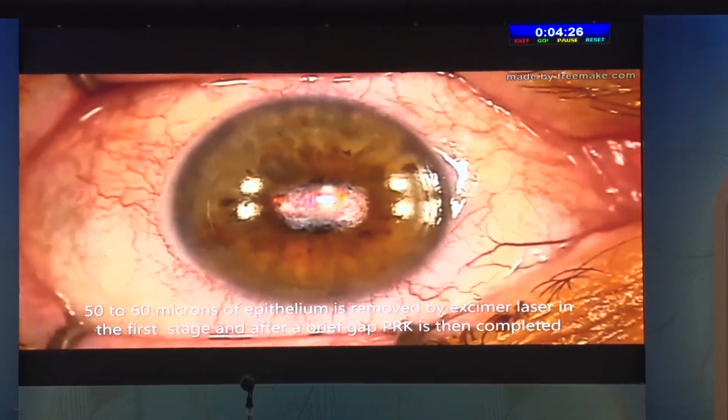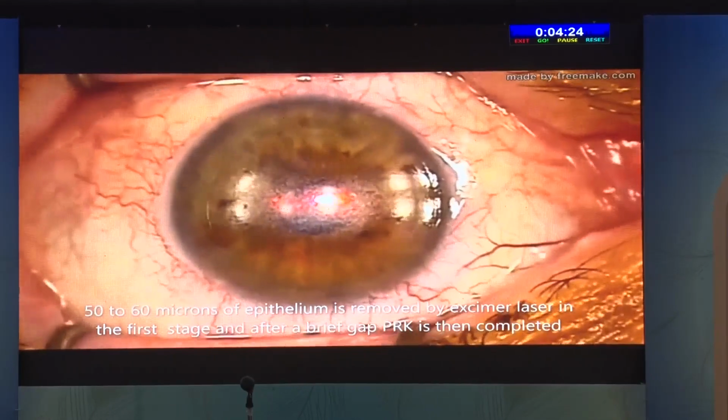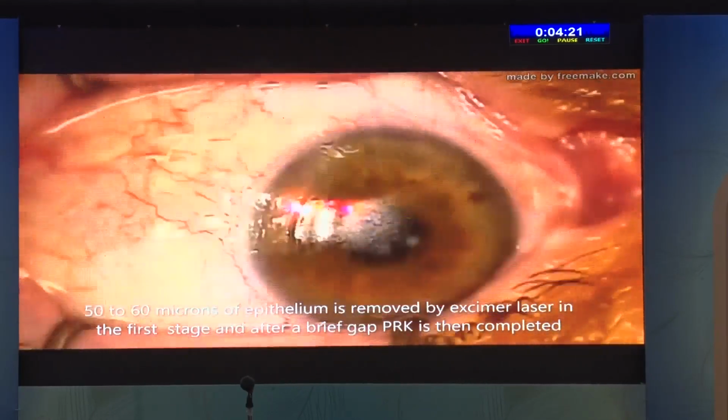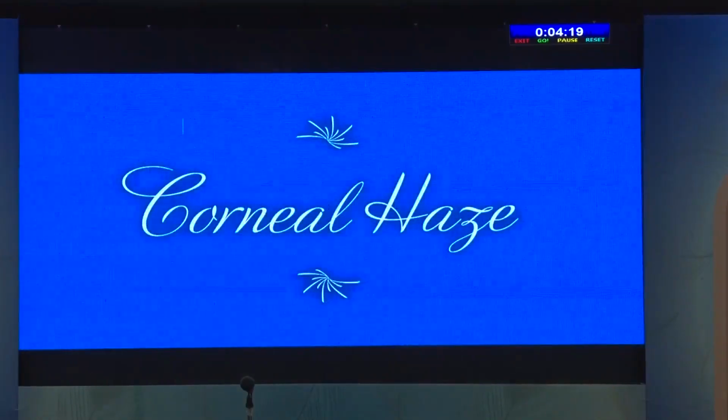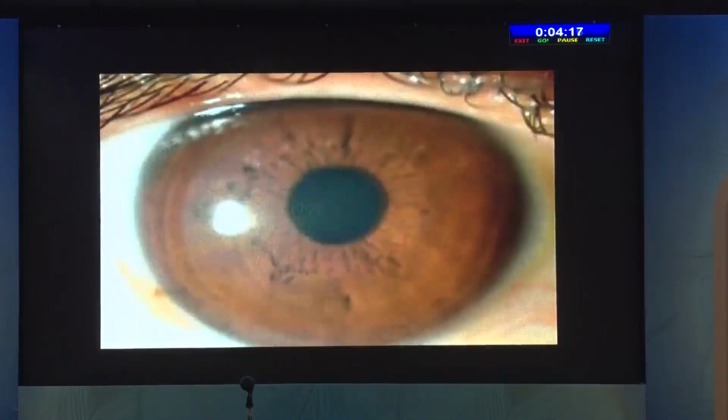In Streamlight, after the epithelium is removed, there is a gap for 2 to 3 seconds, and then again the PRK is completed, whereas in the transepithelial one, it is a continuous process.